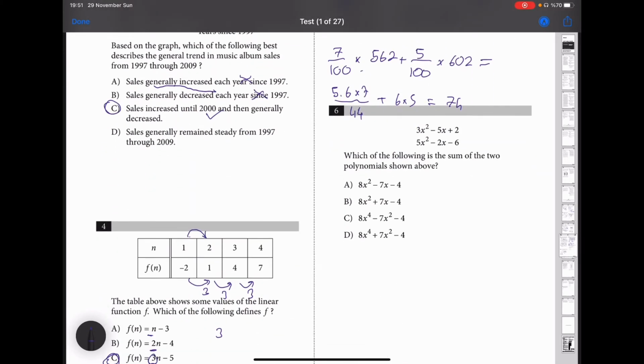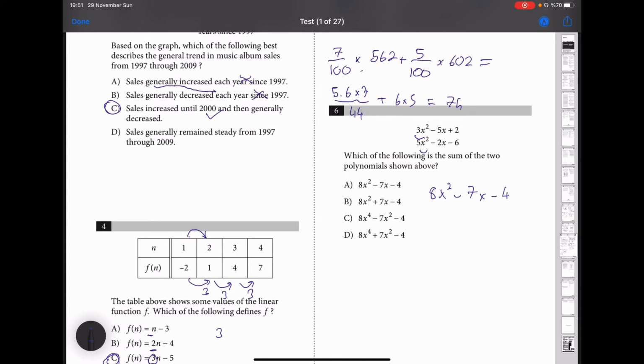Next question. Which of the following is the sum of two polynomials shown above? Okay, when we are adding polynomials, the same powers should be added together, right? So let's add the second powers, 8x squared. Let's add the first powers, 7x, and with the zeroth powers, minus 4.